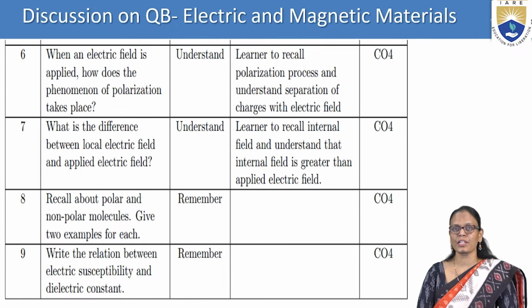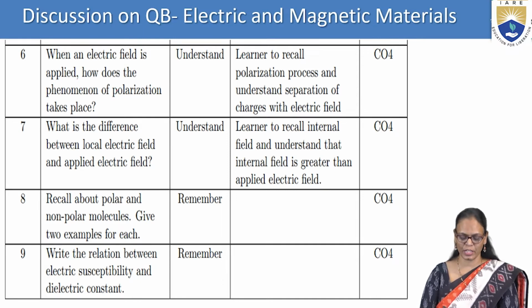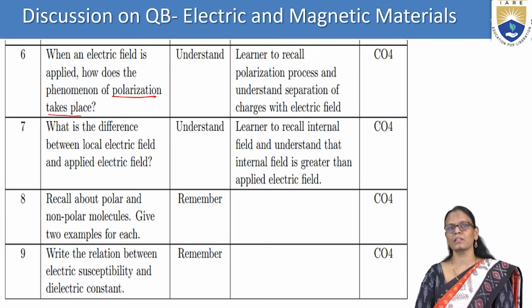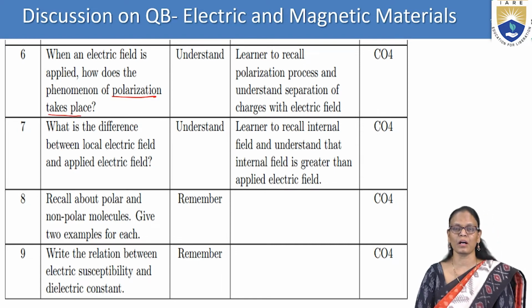Now the next question is, when an electric field is applied, how does the phenomenon of polarization take place? We have seen the types. Now we are seeing the process, how polarization occurs.